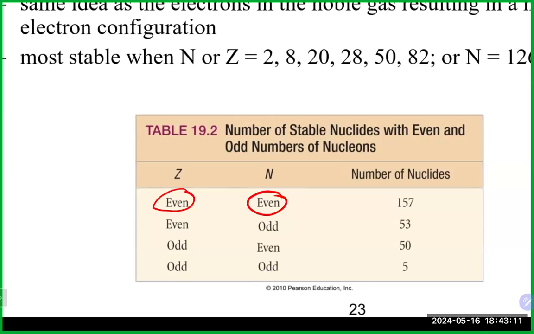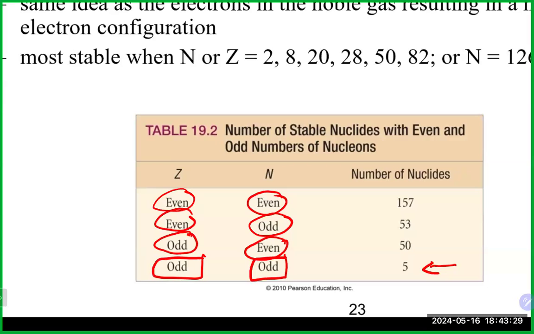The next best thing in terms of stability is if you still have even protons, odd neutrons. You got about 53 of them. Next best situation, odd protons, even neutrons. The worst situation in terms of stability, as you can see, is a double odd shot there: odd protons and odd neutrons.